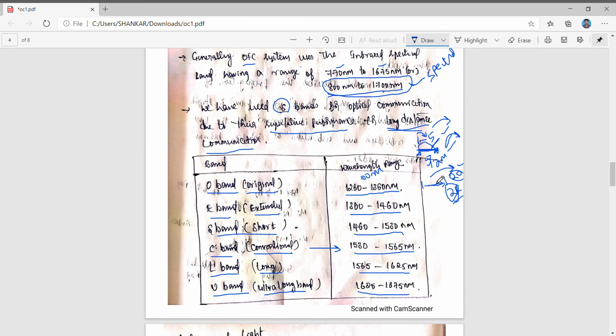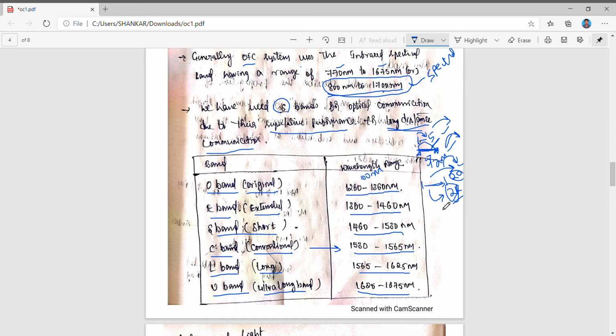If the distance increases to 200 kilometers, the bike is somewhat difficult, so we choose buses or cars. And if the distance increases to 1000 kilometers, driving is difficult, so we go by aeroplanes or trains.